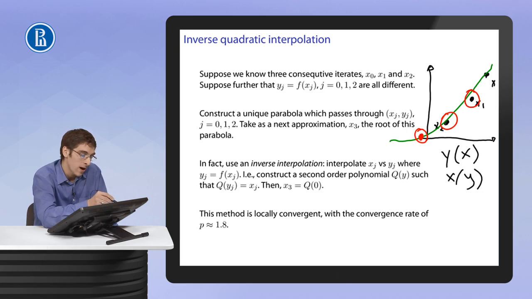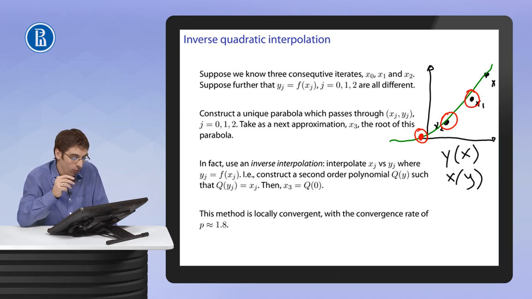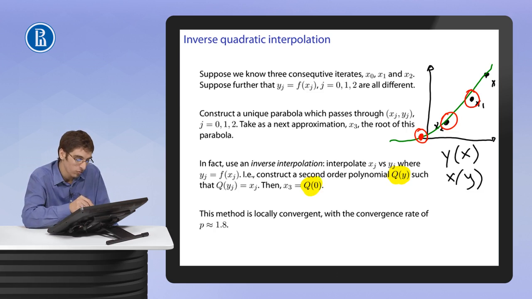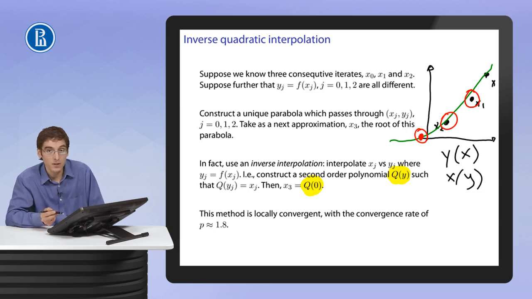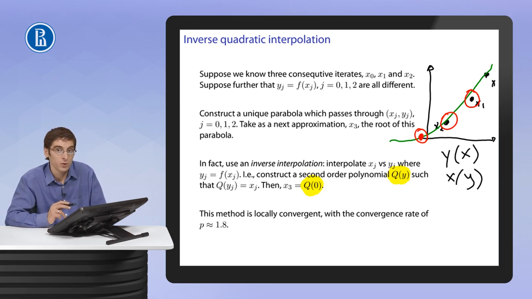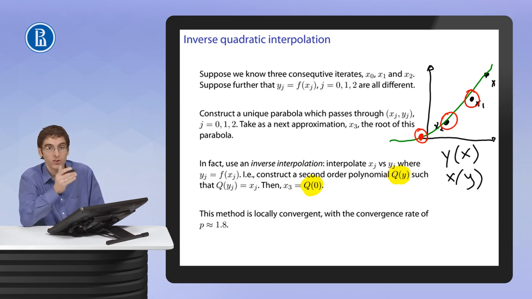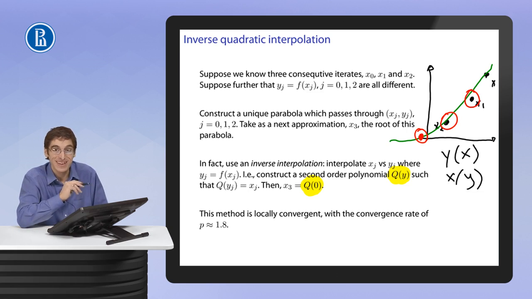And then once you have a parabola for x versus y, let's call it q, you know the root of this parabola where it crosses the y equals 0 axis. This will be just q of 0. So you need just the free term of this parabola. Again, this is something which we use very often. Interpolation plus root finding, you stop and you do an inverse interpolation. That's something you do quite often, actually.